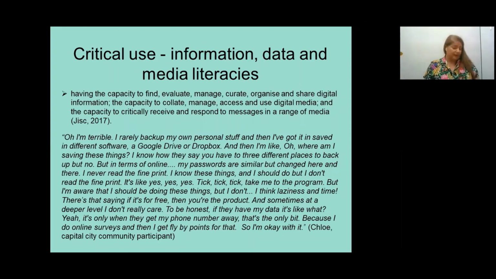When asked about the ways they protected their personal data, all participants' initial response was to indicate whether or not they were on Facebook. This was an interesting observation from all interviews with community participants, as the word Facebook was not in the question at all.